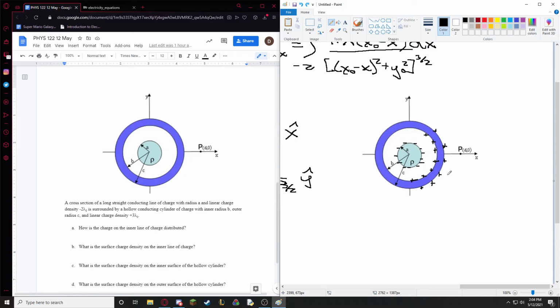Well, you guys are missing an obvious one here. Gauss's law. Q enclosed has to be 0. Right? If we have a Gaussian surface through the middle inside our conductor, we know the total enclosed charge has to be 0.